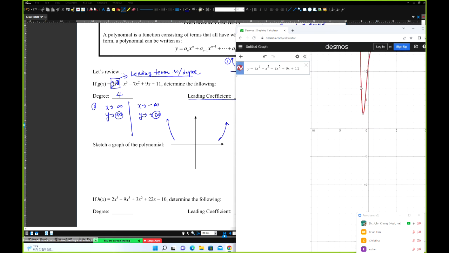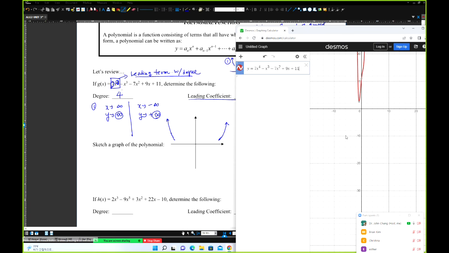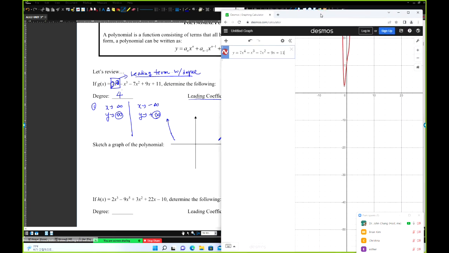Can you see over here? It doesn't move. I'm going to move down over here. Oh, very interesting. The graph doesn't move.